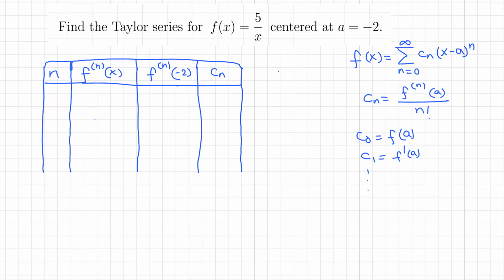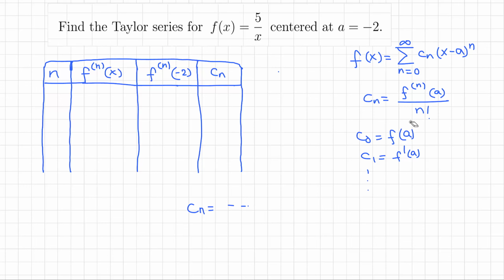After finding a couple of C values, hopefully we'll have a general form for Cn. As soon as we figure out the pattern, we plug Cn back here and we get the final answer.